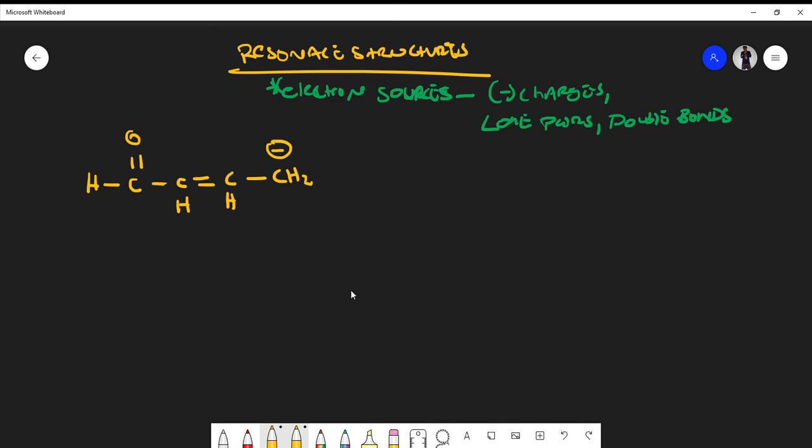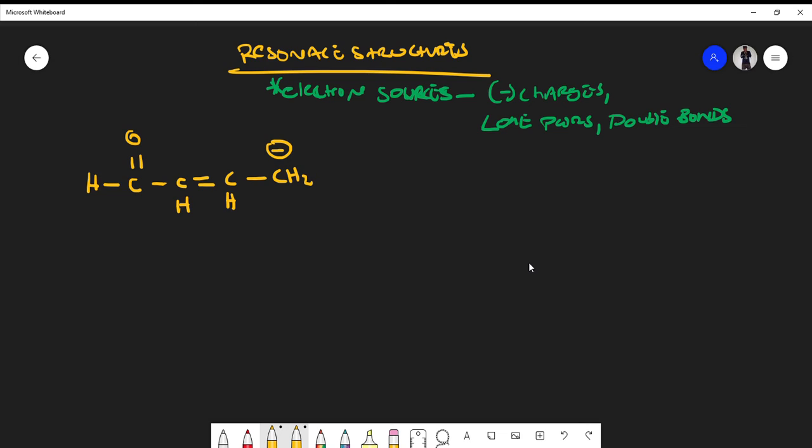So what that simply means is that resonance structures is the idea of representing a molecule in the same form. There's nothing that changes about the bonding pattern.